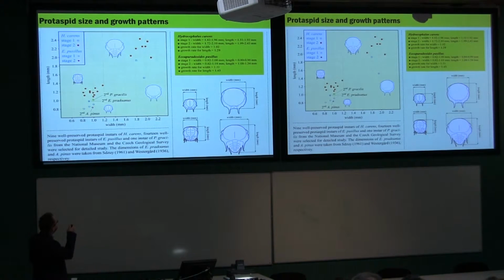You can see that Hydrocephalus is the largest one. Paradoxides is somewhere in between, and the other two are actually the smallest. I'm saying that because this is the second protaspid stage of one taxon, so it's actually smaller than the second protaspid stage of the other.